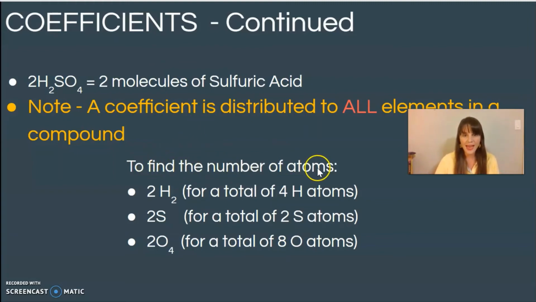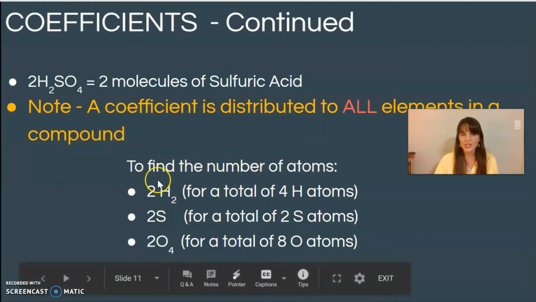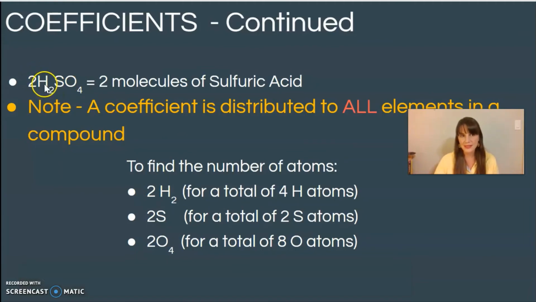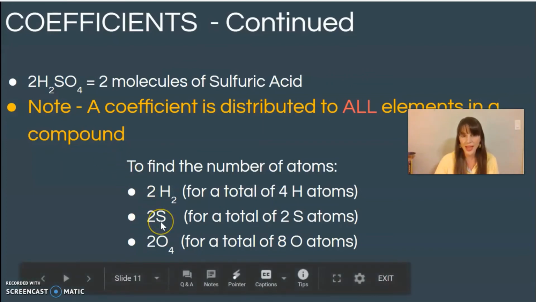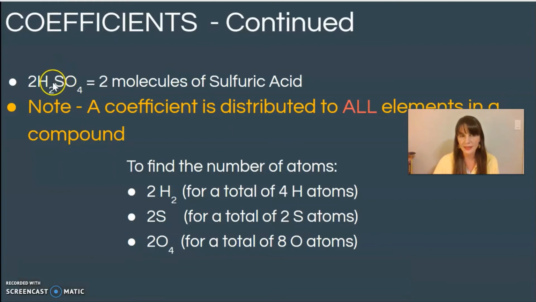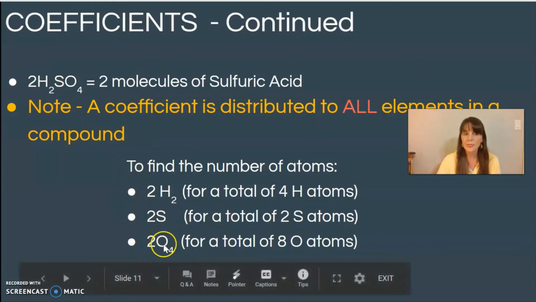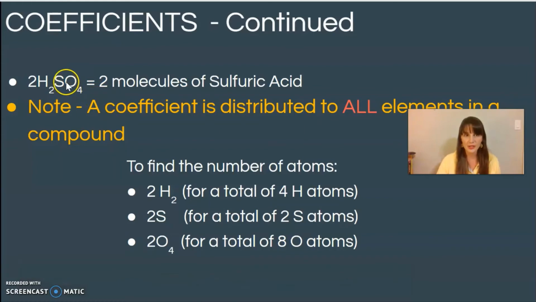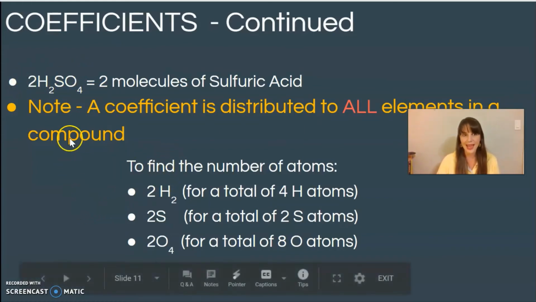So to find the number of atoms, you would need to multiply 2 times 2 hydrogens, which gives you 4 hydrogens. 2 sulfur atoms: here, there's just 1 sulfur in the formula, but we have 2 whole molecules. So 2 times 1 is going to be 2. And for oxygen, as we said, there were 4 in a single molecule. And since we have 2 molecules, that is 8 atoms.